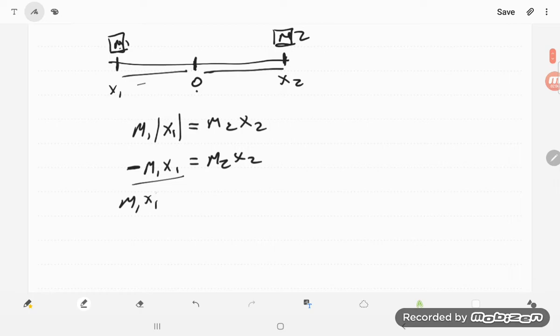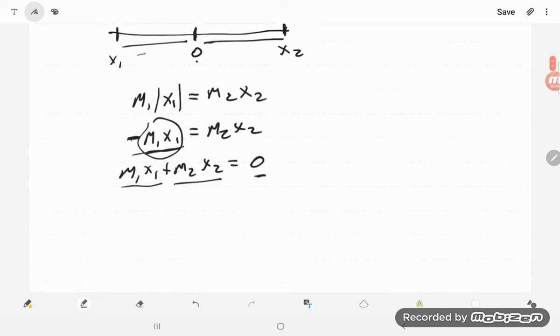So m1 x1 plus m2 x2 would be 0. I got to be careful how I said that. I said I'm going to add this. Well, what I meant was I'm going to add that to both sides. That will take care of that minus sign there. And so what we see is that if we simply add these two moments together, we get the center point.